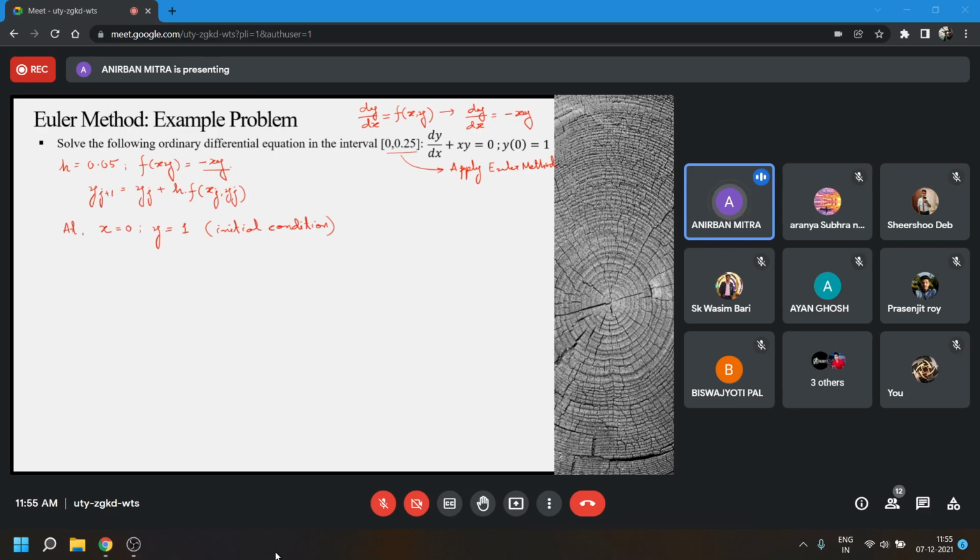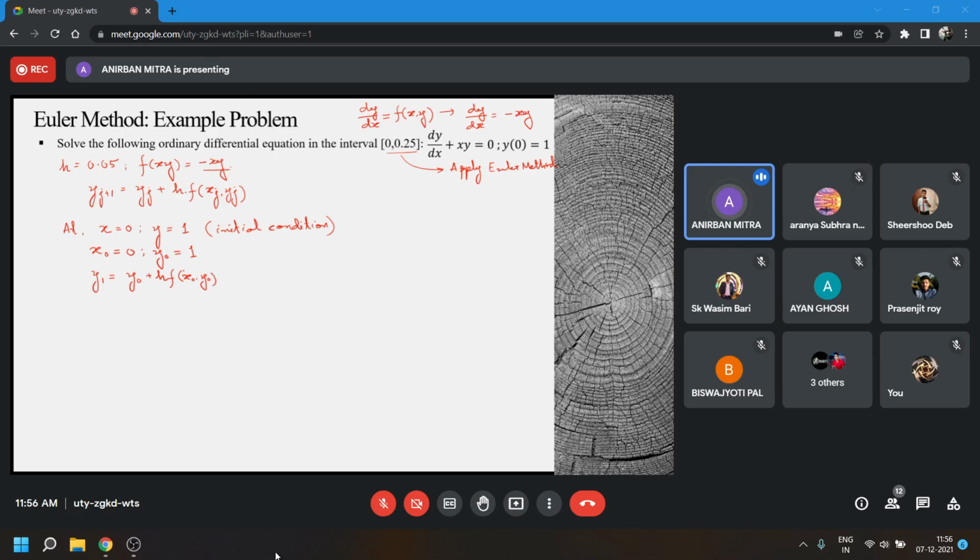So, to be familiar with the representation, we can write it like this. So x0 is 0, y0 is 1. So what would be y1? This is equal to y0 plus h into f of x0, y0.